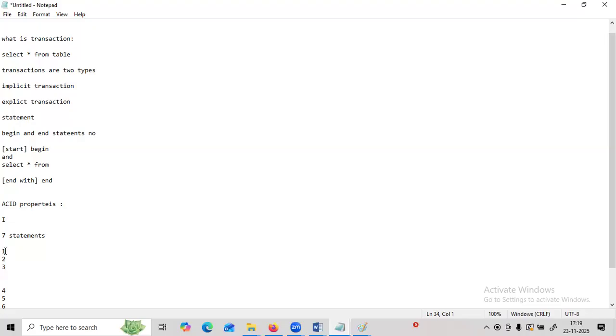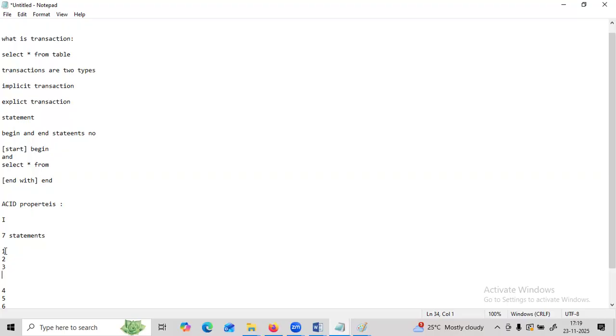Because in the business logic, they will mention: update the A table, then go for the B table, then go for some other business logic. So I update the A table, but while updating the B table, I got some power outage, or maybe the database got corrupted. In that scenario, what will happen? It has to come back to the previous state. So it should not give permanent data in the A table.